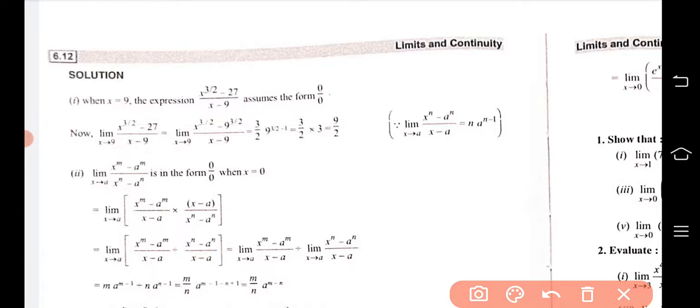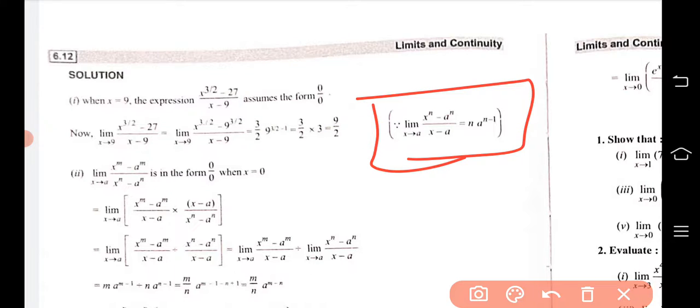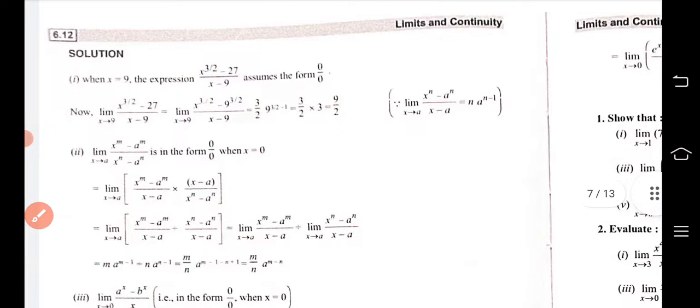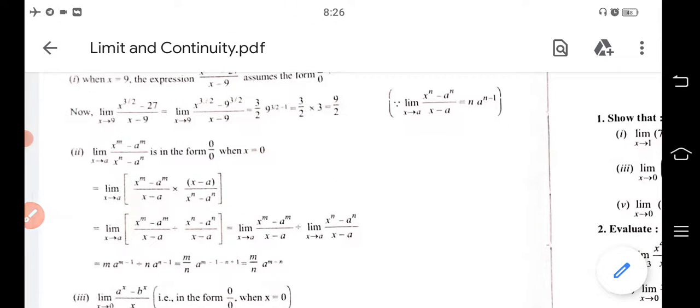Okay. So right now you can do it in this way, according to our first theorem, that is x to the power n minus a to the power n. Here n is an arbitrary constant. Clear? So let's see what will happen in the next step.